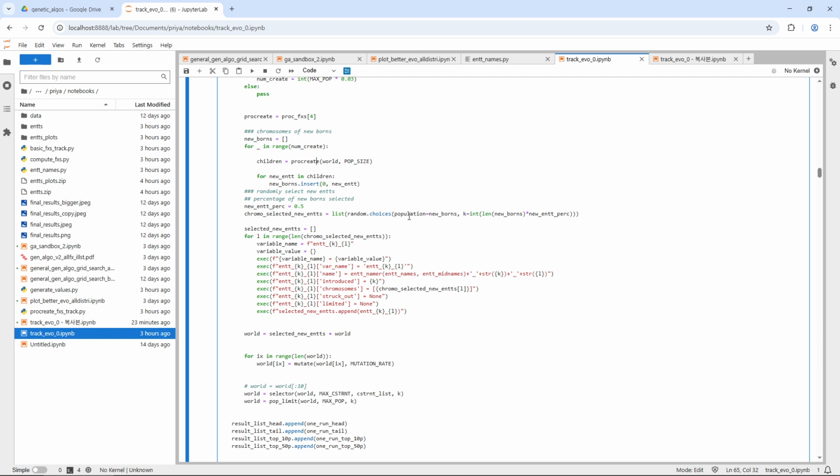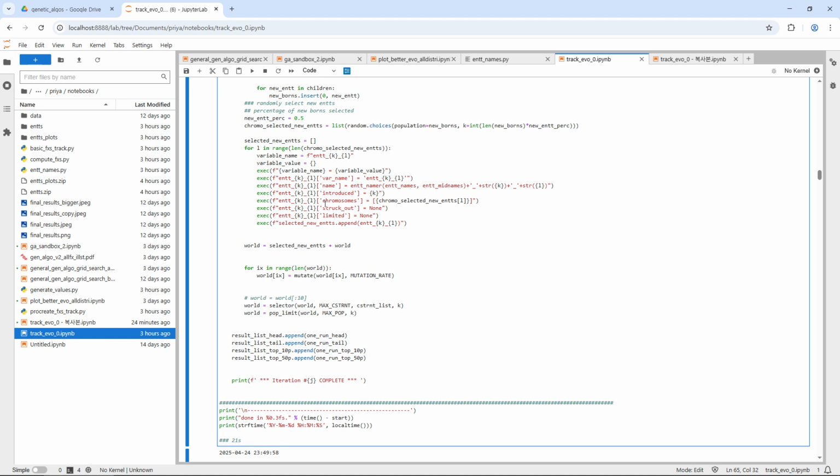And then those chromosomes are given out to new entities when they get created with their new names, new variable names, and so on. And this whole world becomes added in front of the pre-existing world.